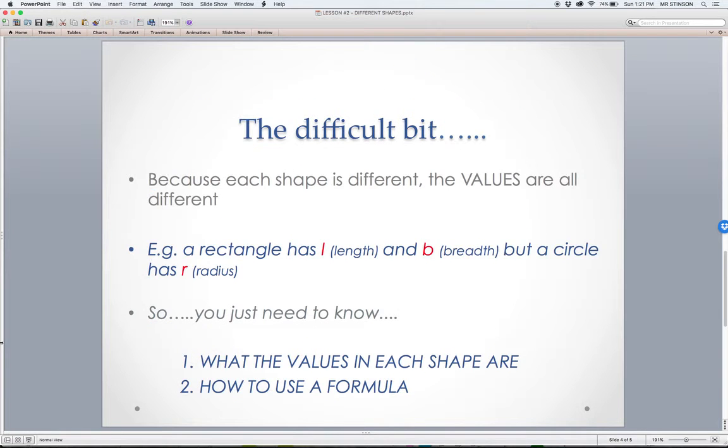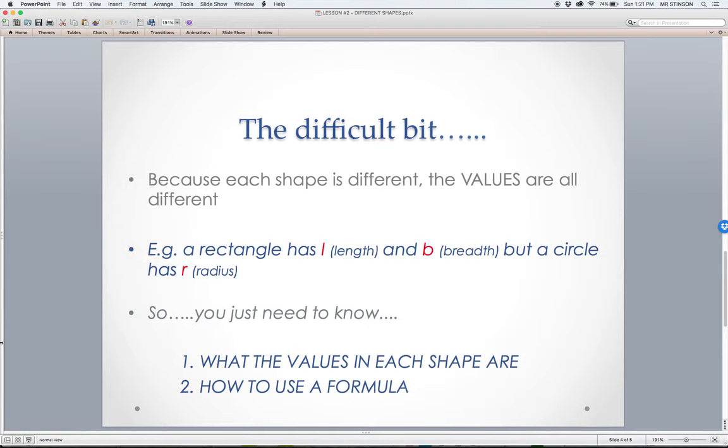So the difficult part is that because each shape is different, the values are all different. For example, the area of a rectangle requires 2 different values: the length, or L, and the breadth, B. But a circle has a different formula, area equals pi r squared, and the value is different.